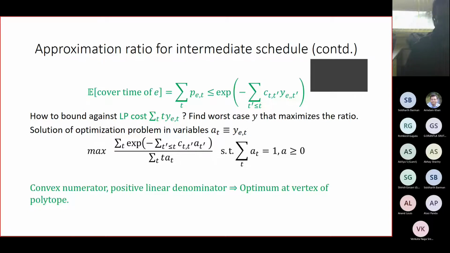Because the optimum is at a vertex, you can figure out what a vertex looks like. From that, you can just work it out. It also tells you that for certain instances you are doing better, since that's the worst case over all possible instances. Yes, the coefficients are instance dependent.